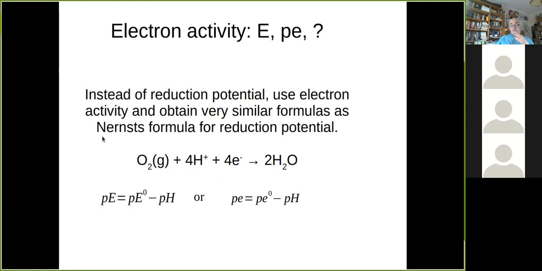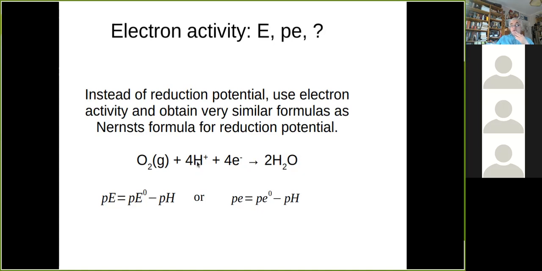Normally one would use the Nernst formula or something like that for describing the redox potential variation with, say, the oxygen gas pressure or pH maybe. This is actually quite important.